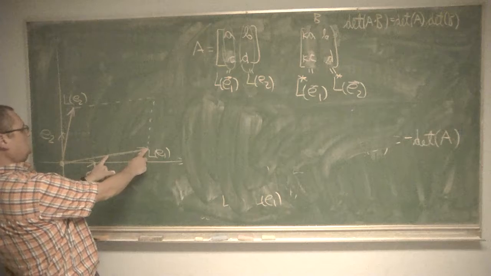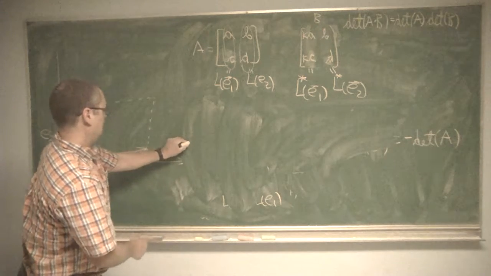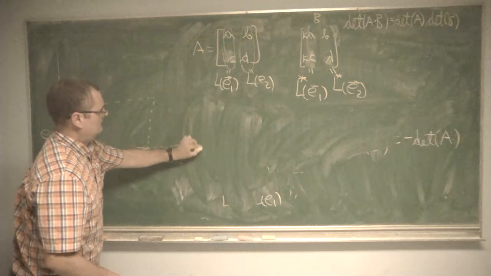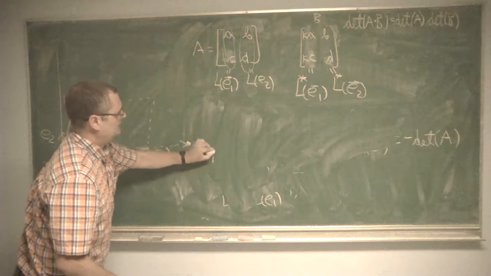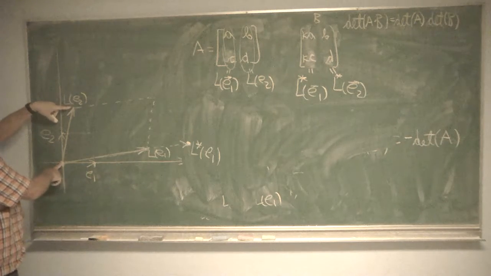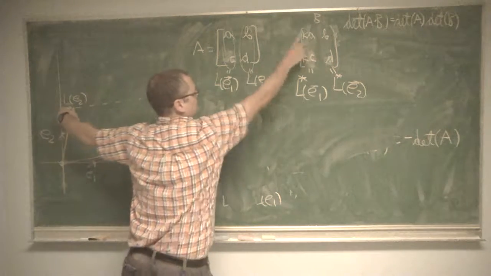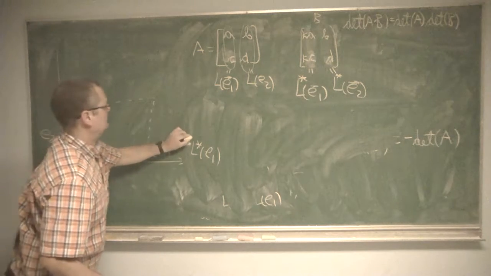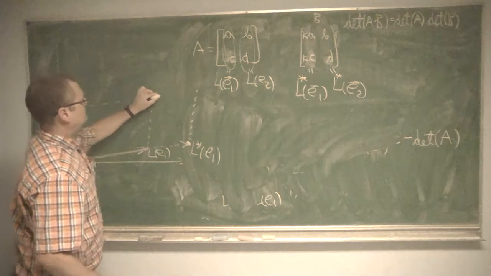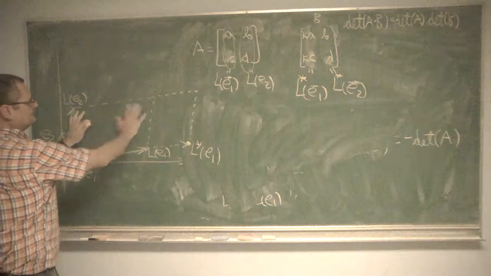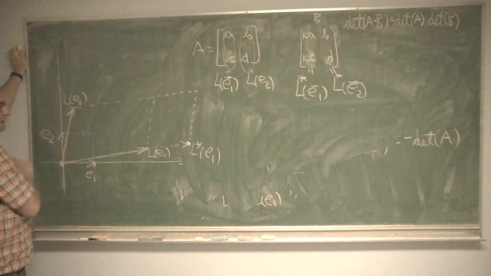So let's say this is the midpoint, so somewhere here, okay? That's L star of E1. And L star of E2 is the same as L of E2. That's the same vector, (b, d). That's this one, all right? What's the effect? How does the determinant change? Well, that means how does the area of this parallelogram change.